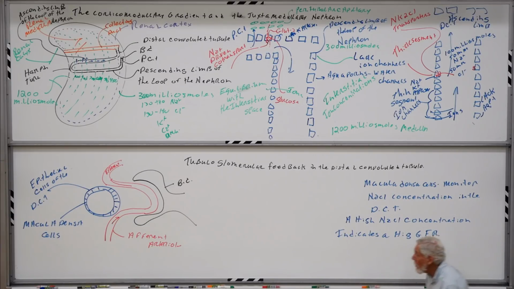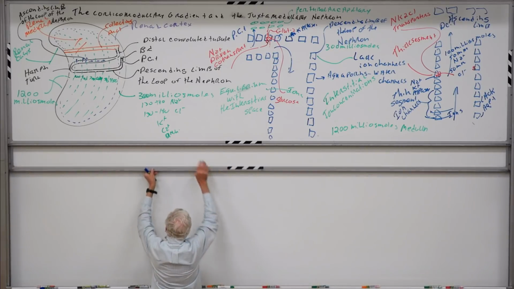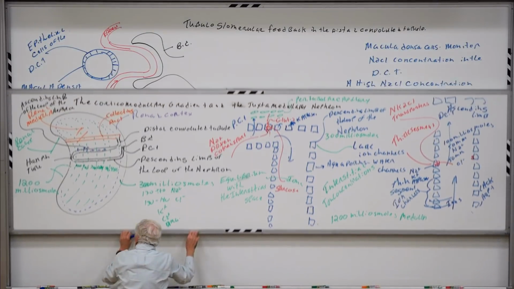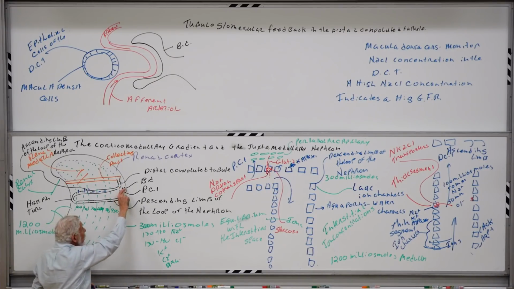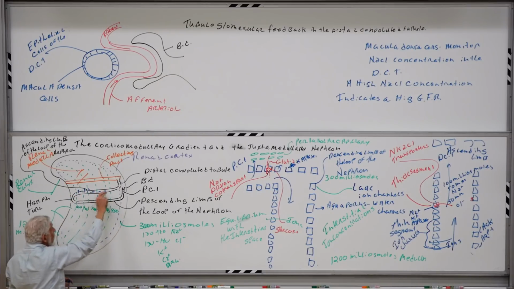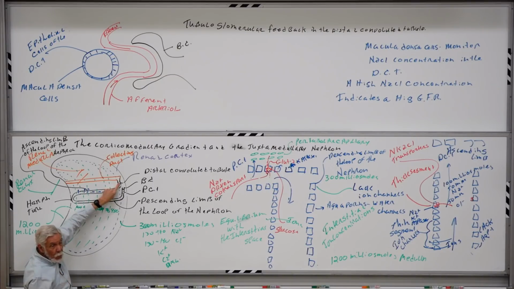Another way of saying that is, if we go back up to the upper panel, if fluid is moving rapidly from the glomerular capillary into Bowman's capsule, it's then going to rapidly flow through the tube, and the amount of time the fluid has in the tube before reaching the distal convoluted tubule is inadequate to withdraw all of the sodium and chloride. So sodium chloride concentrations are too high.